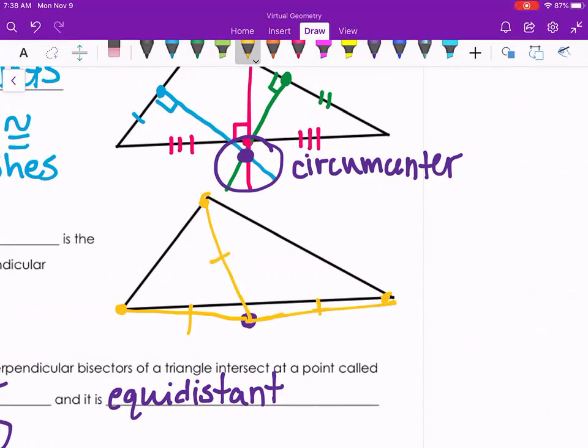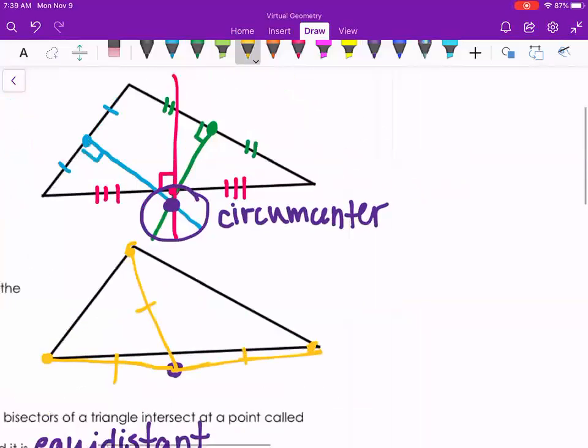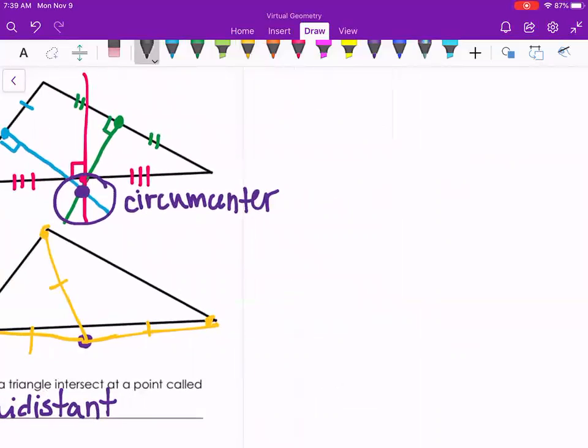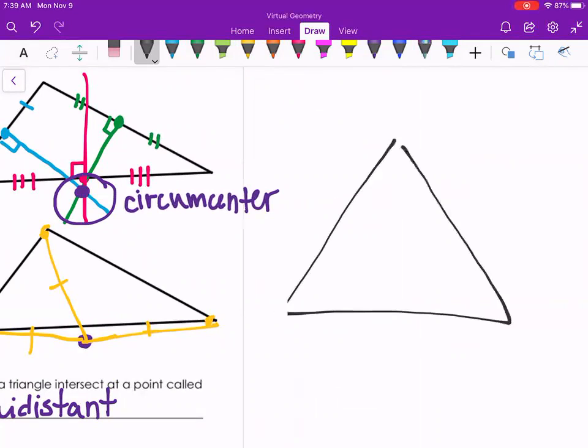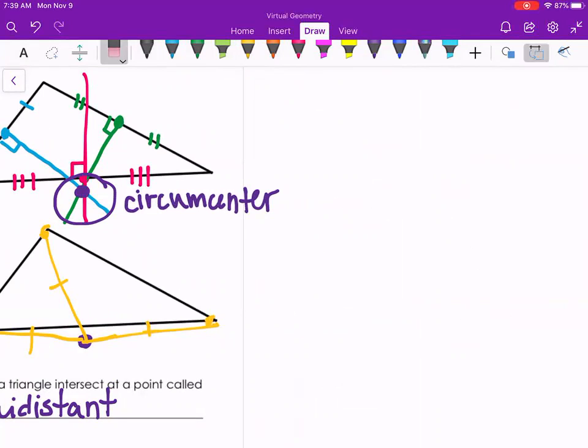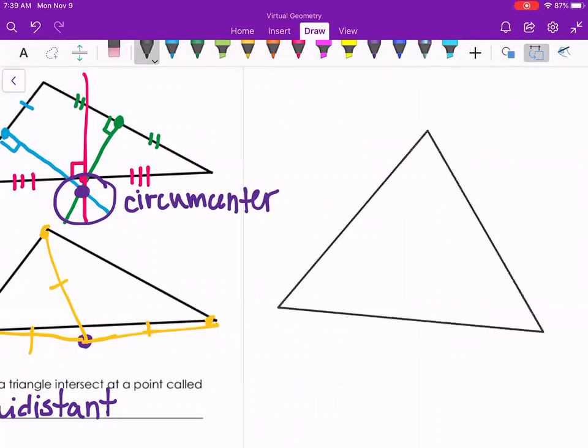Okay, that dot is the exact same distance to all three corners of your triangle, regardless of where it is. If it's inside the triangle or outside the triangle, or maybe just on an edge, it's always going to be equidistant to those corners. So I'm going to draw another triangle off to the side, one that's not quite as obtuse. Oops, let me see if I can get a better triangle here. There we go.